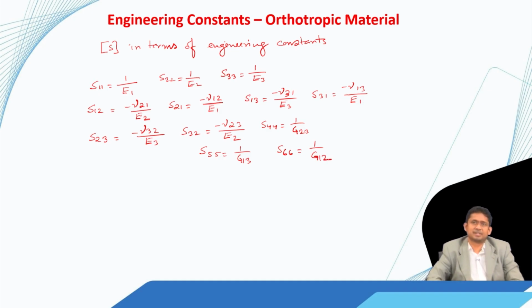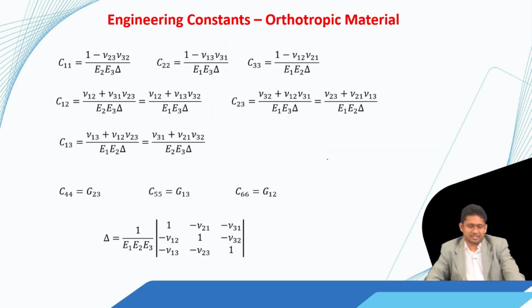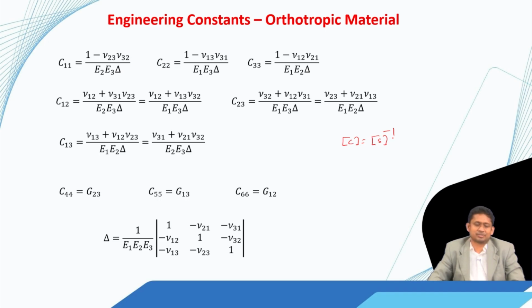So, these are the components of the S matrix, the compliance matrix, in terms of the engineering constants that we discussed so far. Now, we know that C is just the inverse of S. So, compliance matrix and stiffness matrix are inverse of each other. So, if I know how to write S in terms of these engineering constants, then just by inversion we can write C in terms of the engineering constants.